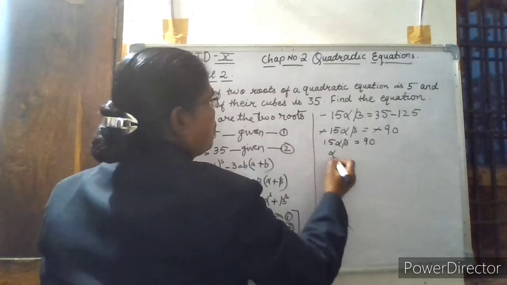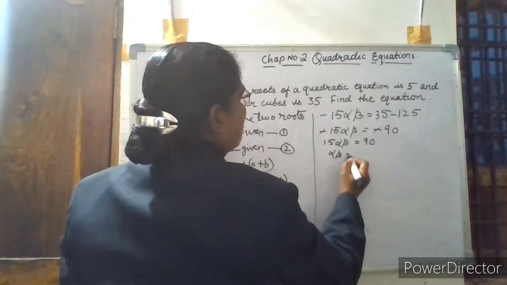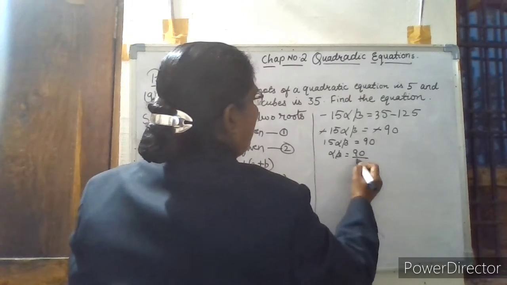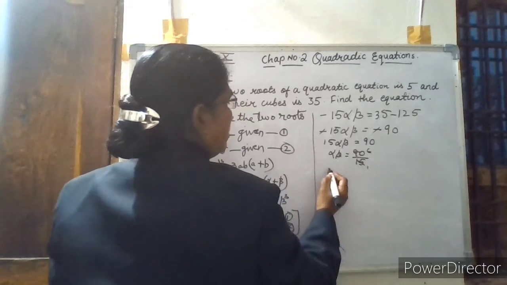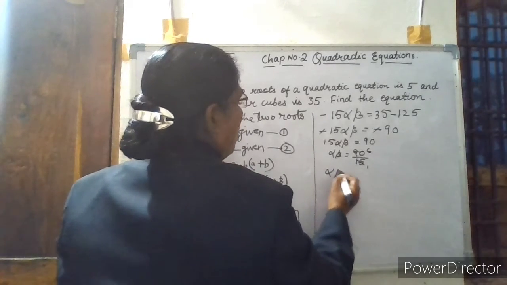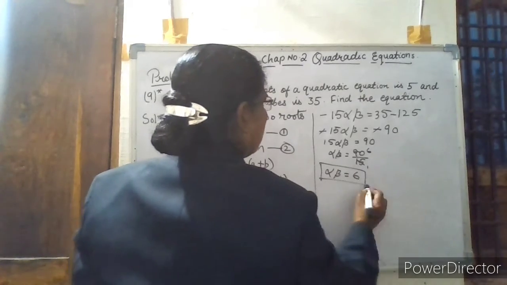So alpha into beta is equal to 90 by 15. 15 ones are 15, 15 sixes are 90. So we got the value alpha into beta is equal to 6.